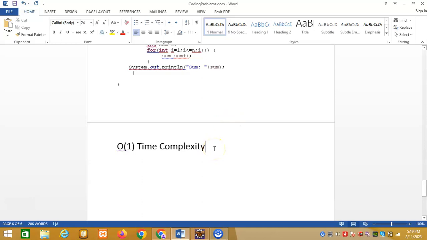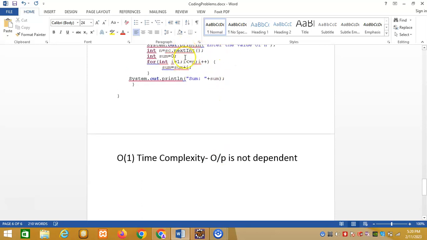Order of one time complexity means the time taken is not dependent on the size of input. So if we give n equal to 1000 or n equal to 2 or n equal to 500, that will not affect how much time the program will take.